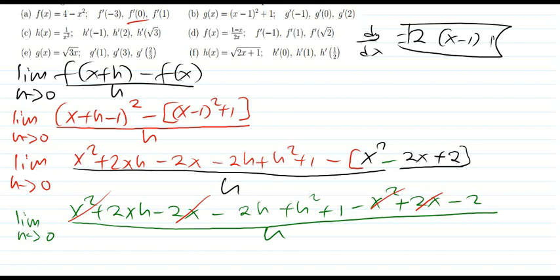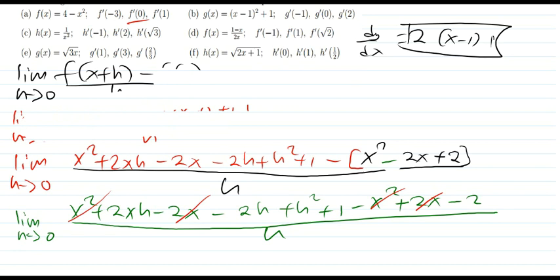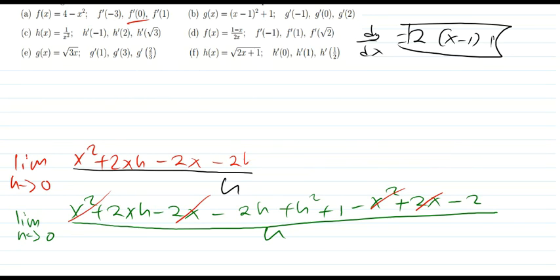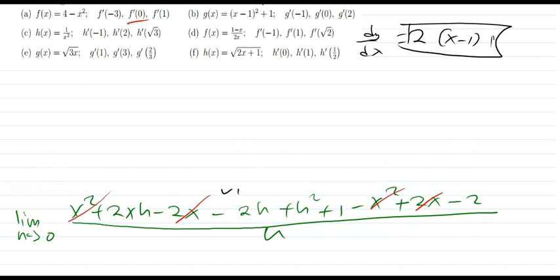Okay, so I'm remaining with, okay, so here we have 1, which can give us negative 1, meaning we are now remaining with the limit as h is approaching 0.